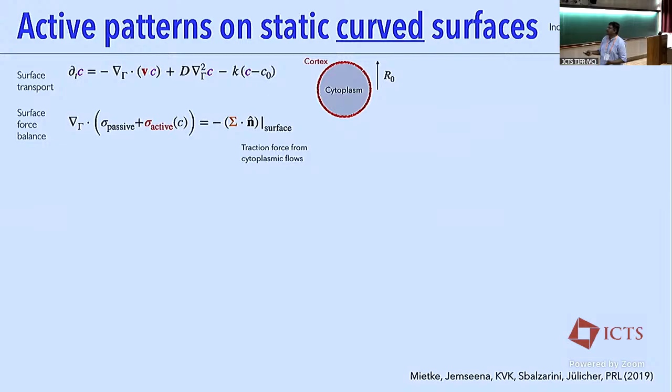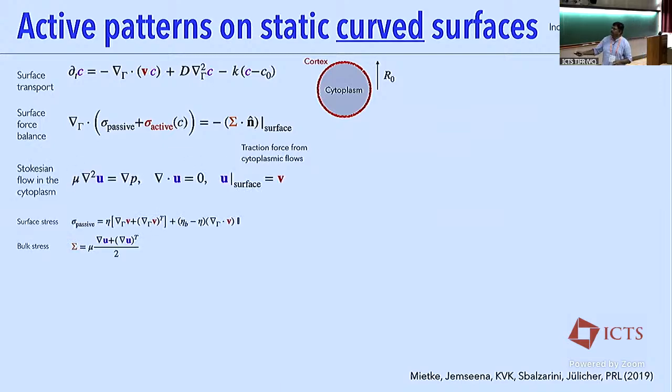So for simplicity, I'll think of the cytoplasm as a simple, boring, viscous, incompressible fluid for now, with 3D incompressibility. And so the way I can write down the fluid dynamics of the 3D incompressible fluid is that I write down Stokes. Here I include the pressure. This is the pressure in the bulk of the cytoplasm, incompressible. The boundary condition is that the cytoplasmic velocity at the surface is equal to the cortex velocity that you have obtained from the active mechanics.